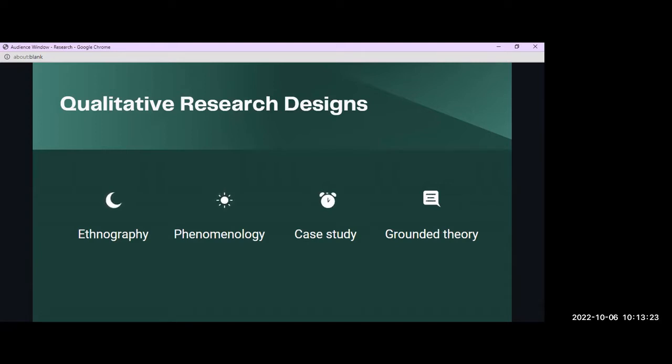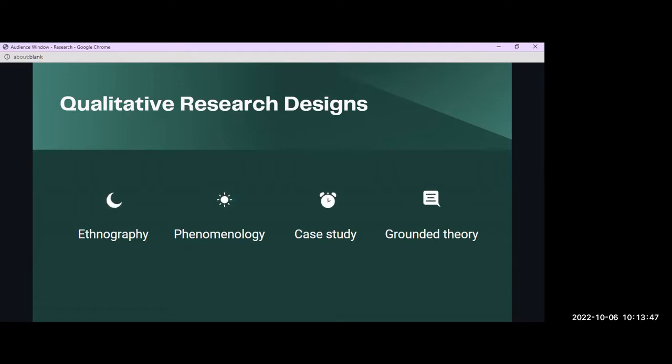So kung merong tatlo or apat or more than one case that you have observed based on a certain phenomenon, then we call that one a multiple case study. But kung isa lang ang merong case na ganyan, then that is a single case study.